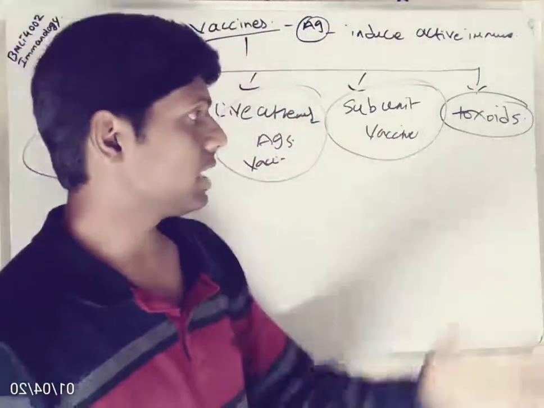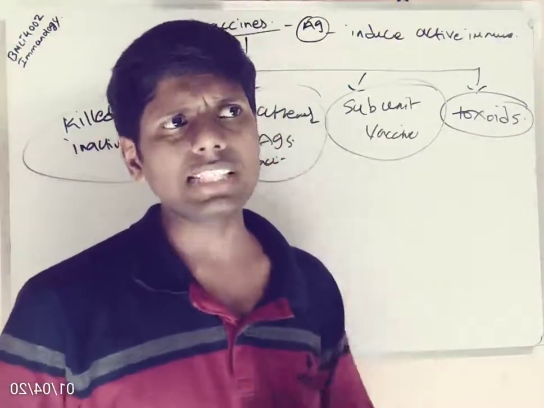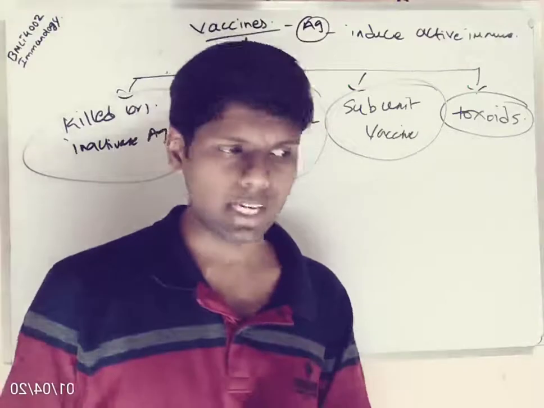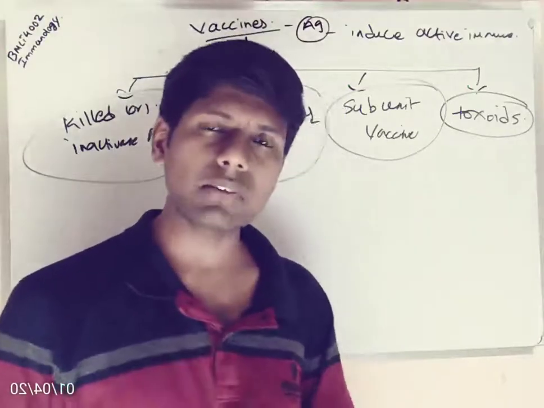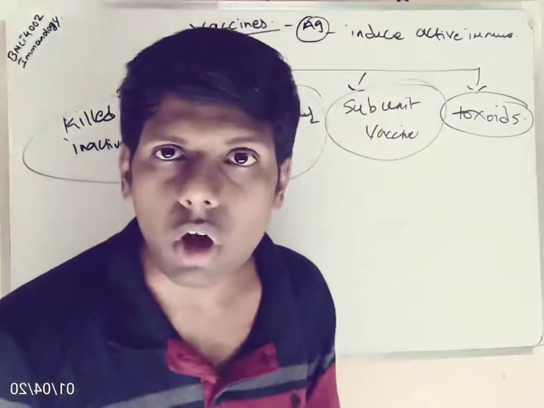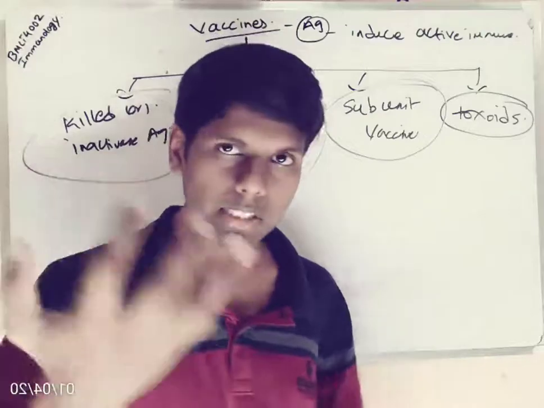And last and finally is toxoids. So what are toxoids? Toxoids are the toxic substances released by pathogens. Say for example Clostridium botulinum. Clostridium botulinum is a bacteria that secretes a toxin called botulinum, and this botulinum is very dangerous. It will cause paralysis of the body.